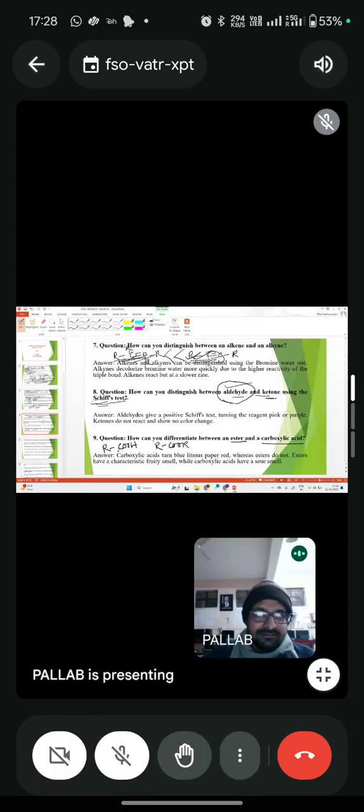Now, carboxylic acid is an acid, but ester is neither acid nor base. So carboxylic acid will turn blue litmus paper red, but ester will not react with litmus paper and will not show any kind of color change. At the same time, there is a difference in smell.